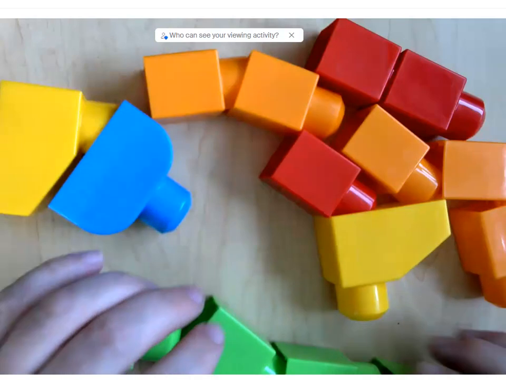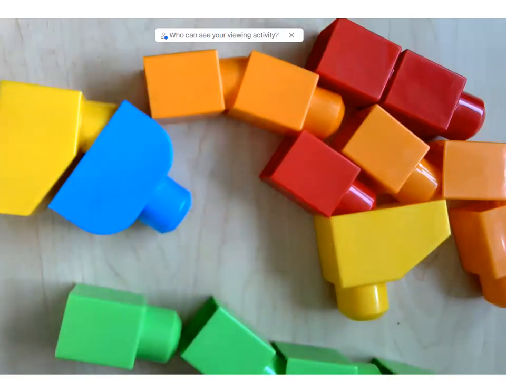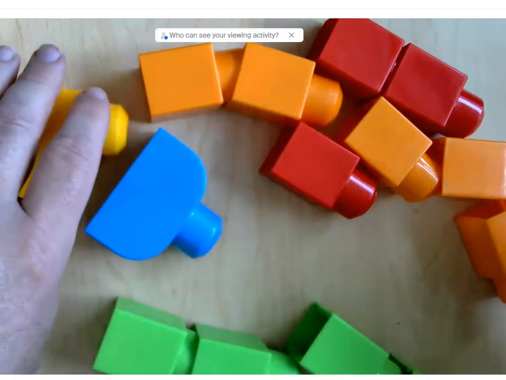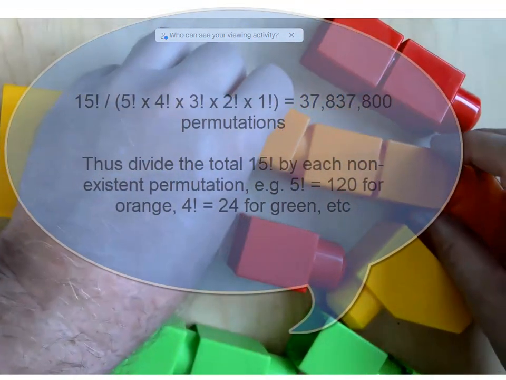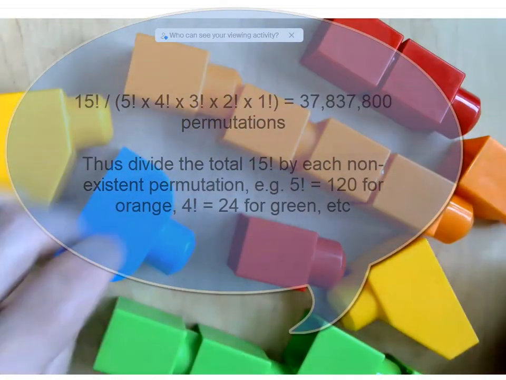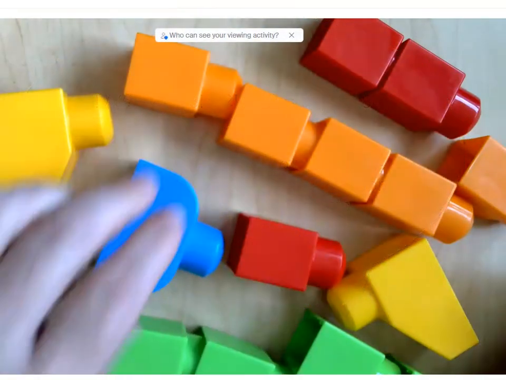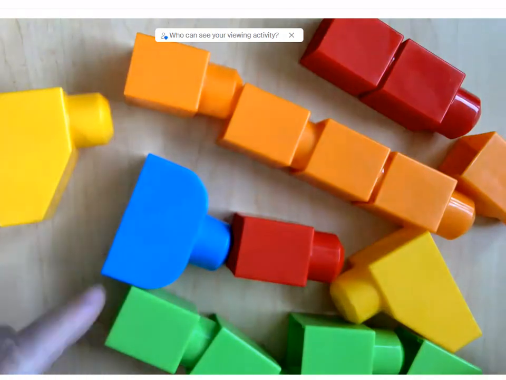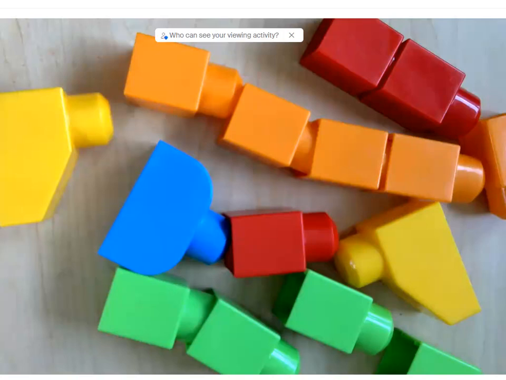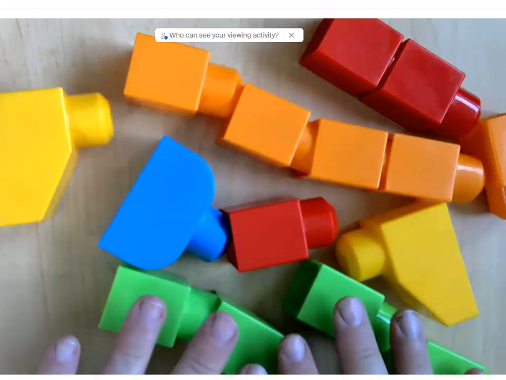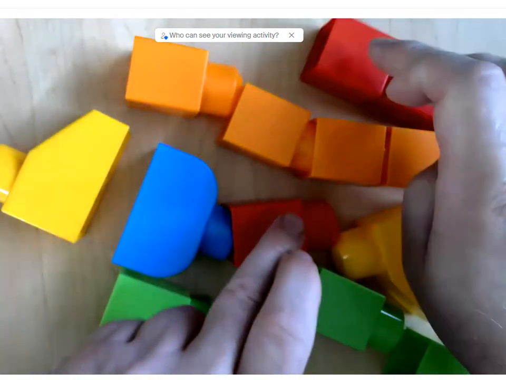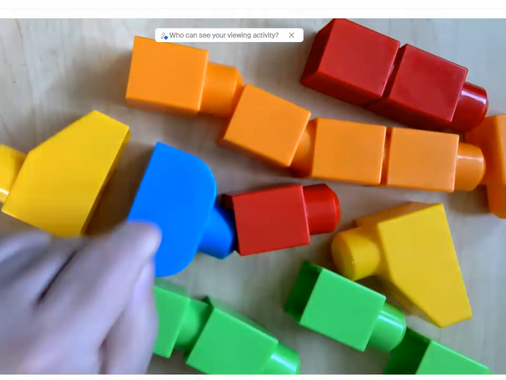And I have to divide the 15 factorial by all of these others. And then let's see, which one do I have? Oh, these here. So the 5 factorial here of the orange ones, and then the blue one, I only have 1. So I would have to divide by 1 factorial, which is still divide by 1. So yeah, 15 factorial divided by 4 factorial, 2 factorial, 3 factorial, 5 factorial, 1 factorial.